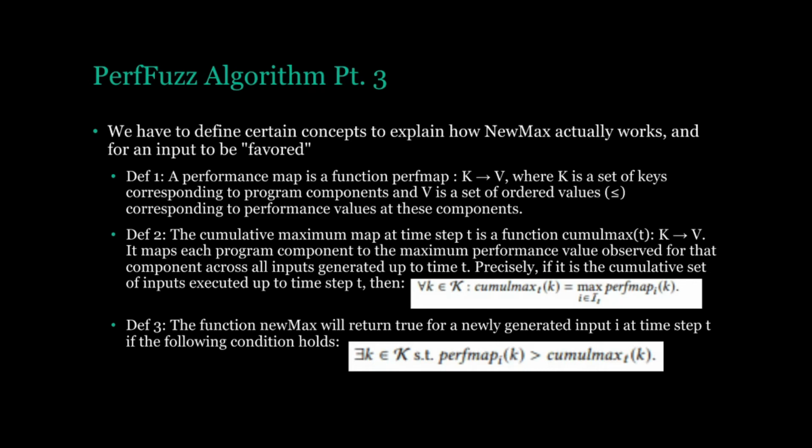One of the features that makes PerfFuzz work is that it saves inputs that create a new maximum compared to previous values. In thinking about cumulmax, an input has a new maximum. Let me look at definition 3 right now: one element in K has a greater max edge execution than the current cumulmax of the same program.